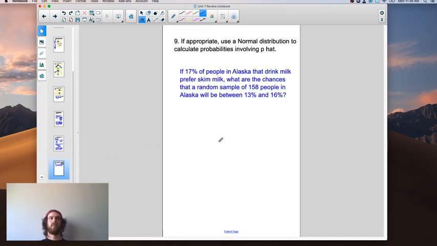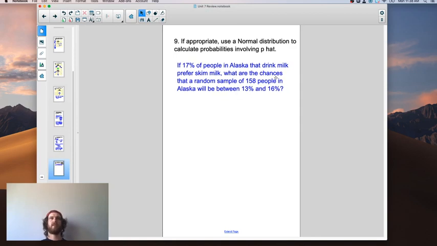Keep cruising. Number 9, if appropriate, use a normal distribution to calculate the probabilities involving p hat. Well, this one's okay. This one, we have 158 people in our survey. It's saying if 17% of the people in Alaska prefer skim milk, what are the chances that a random sample of 158 people in Alaska will be between 13 and 16%?